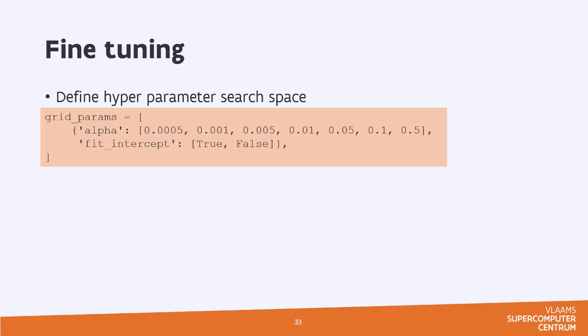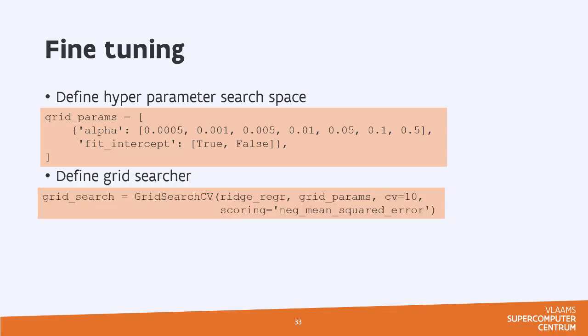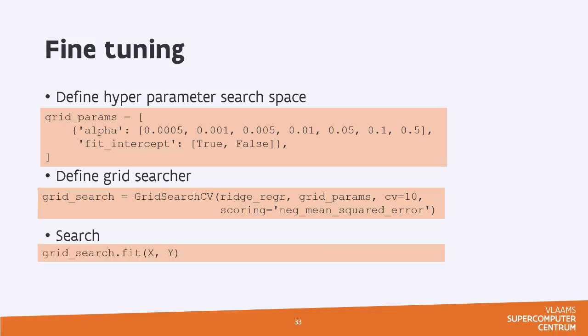And you can do the training for each of them and see how they score. So this is the grid searcher, and it will also use cross-validation in order to assess the quality. Again, tenfold cross-validation, and for the scoring we use negative mean square error again. And of course we do that using the ridge regression and the grid parameters which we define.